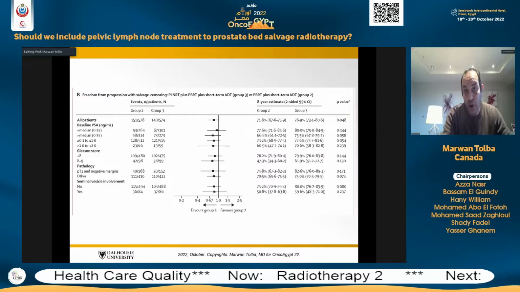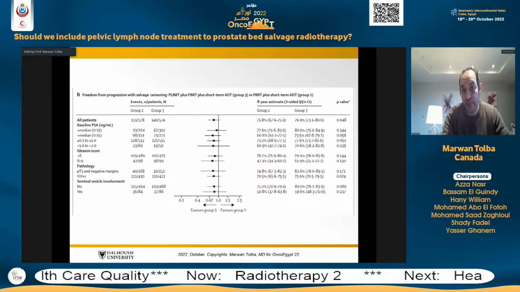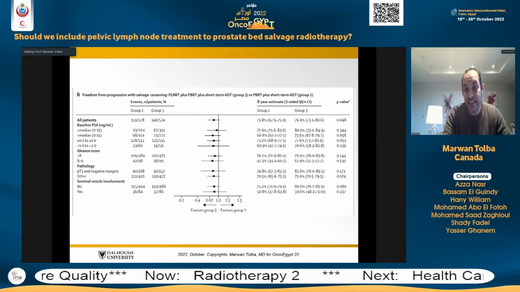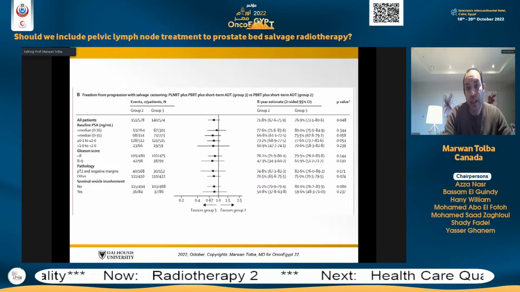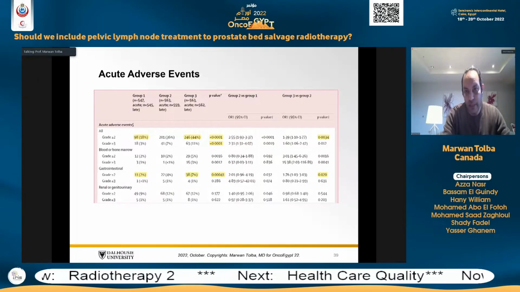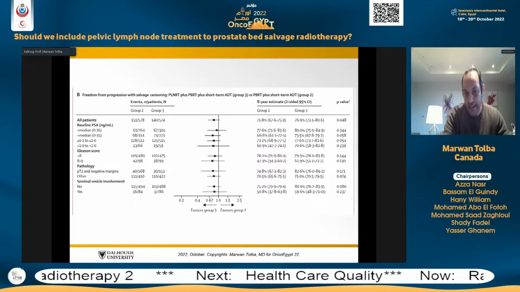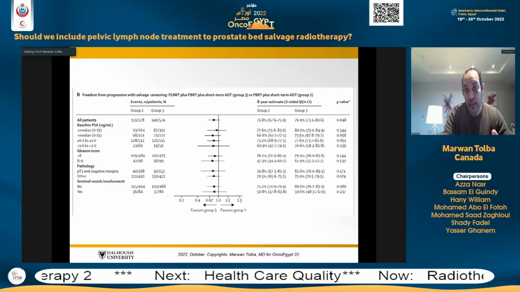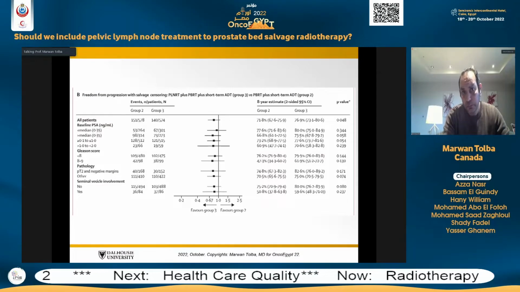Is there a cutoff above which we can treat with pelvic lymph node radiation, or a cutoff below which we shouldn't add pelvic lymph node radiation? However, that was translated, as I said, as crude rates, a significant difference.